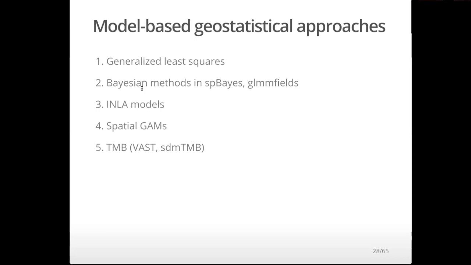There are generalized least squares approaches. Eli talked about GLS. There are Bayesian methods using a number of packages. There are approaches based on INLA, and I think the extensions of these are wrapped up in TMB, especially through VAST and SDM TMB, and we'll talk about those on Thursday. And spatial GAMs are the other approach that we'll talk about today.